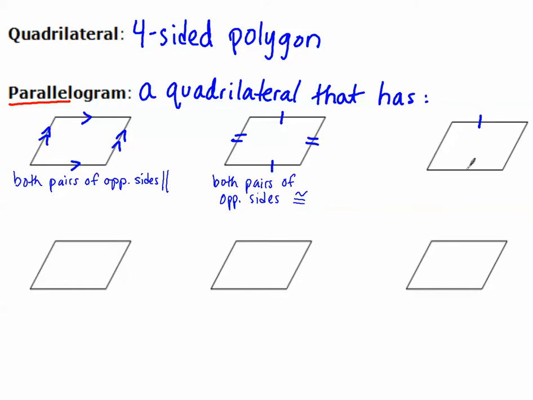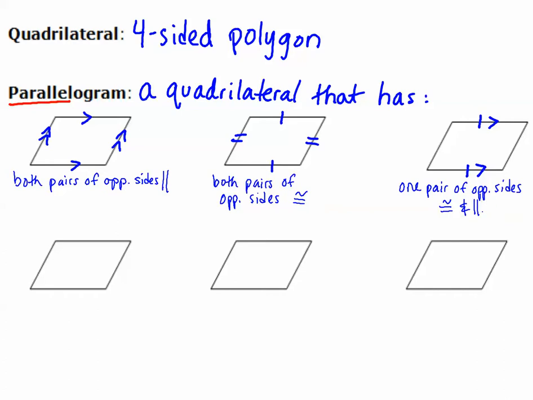A pair of congruent sides, and they are also parallel. So one pair of opposite sides are congruent and parallel. So we combine those first two properties.